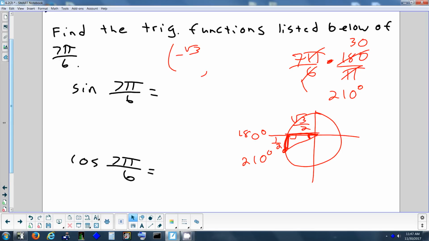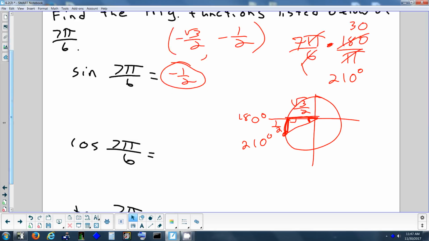Negative root 3 over 2, negative 1/2. What's my sine? Cosine? Negative square root of 3 over 2.